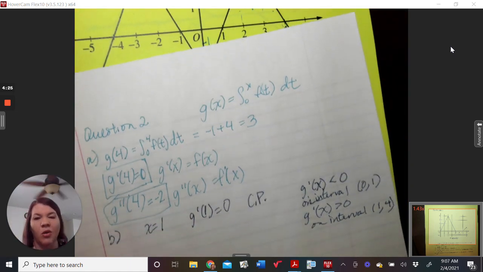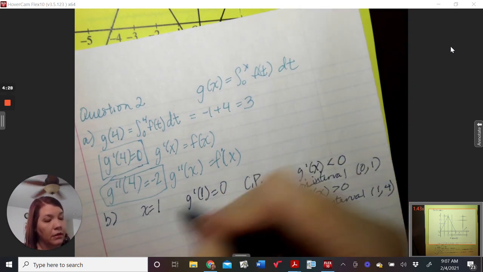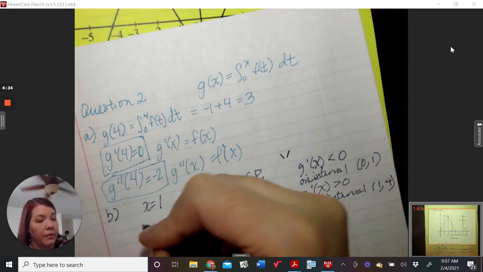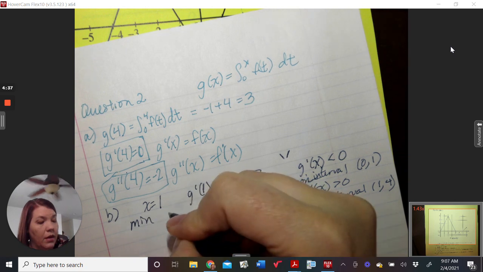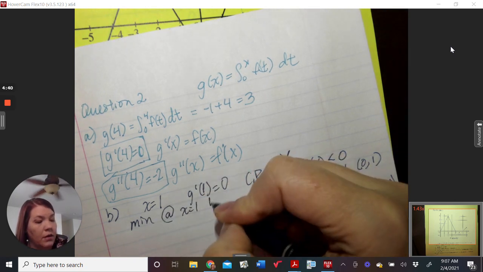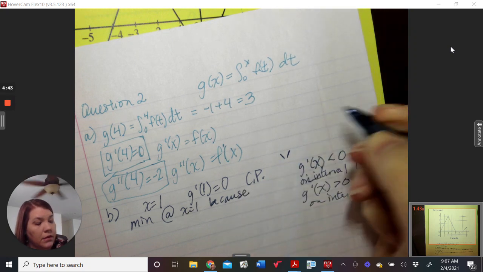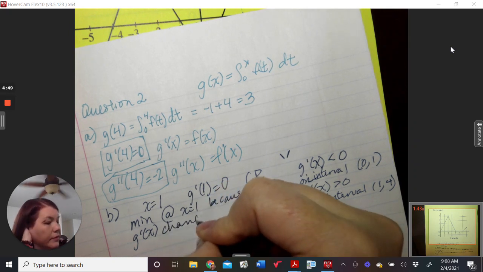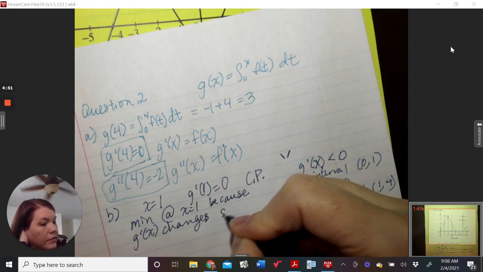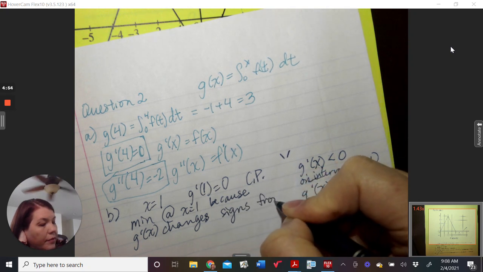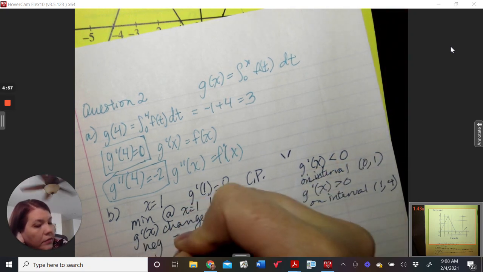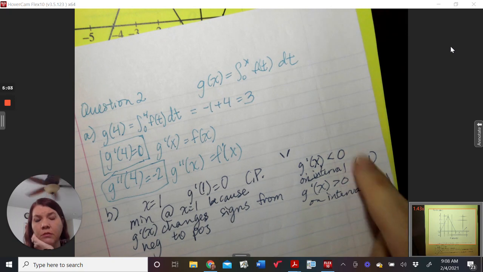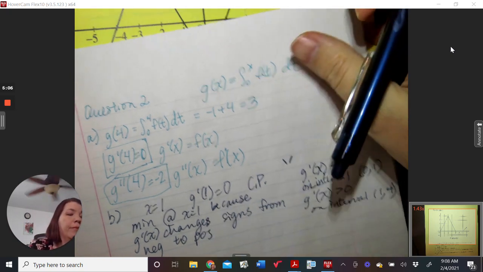I mean, I need to go all the way out to 4, but basically it goes from being negative slope to being positive slope, which means it's a minimum value. Minimum at x equals 1, because g prime of x changes signs from negative to positive. This is important. I should really have included that in my sentence, but by having them there and then saying the sentence, I'm okay. All right, part C.